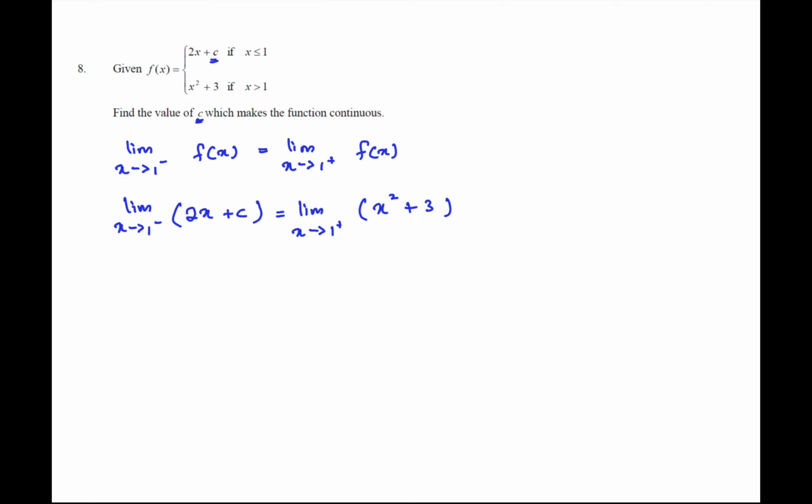Okay, and then substitute 1 for x, so you get 2 plus c equal to 1 plus 3. So c equals 4 minus 2, c equals 2. Okay, so that is the answer for question 8.